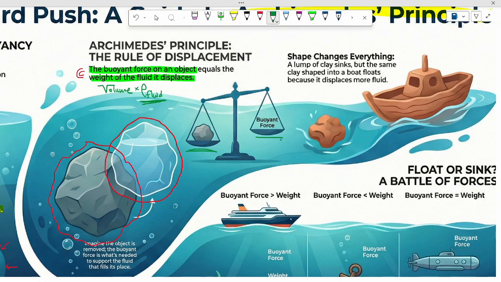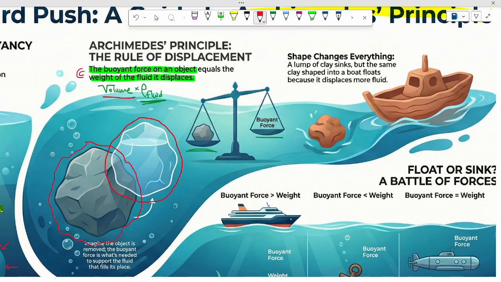But if you imagine objects that float naturally on water, for example, like a piece of wood, it's less dense than water. So for those objects, it doesn't have to be submerged all the way. It can be partially submerged, and at some point, the amount of buoyant force through the amount of volume displaced would be equal to its weight, and it would stop sinking.